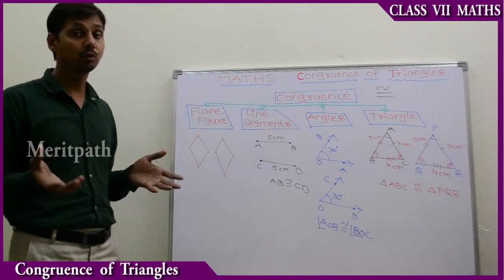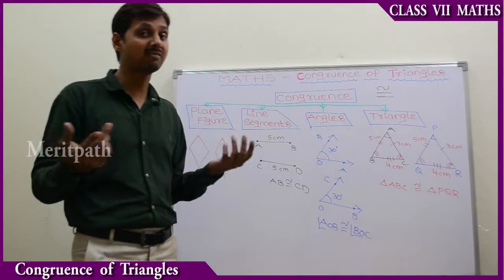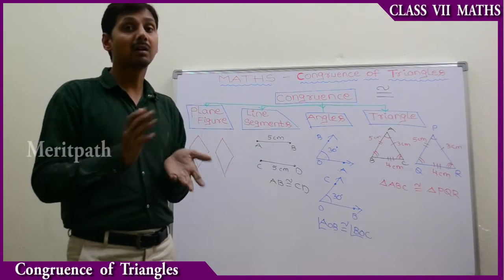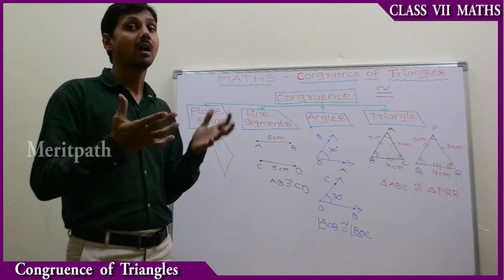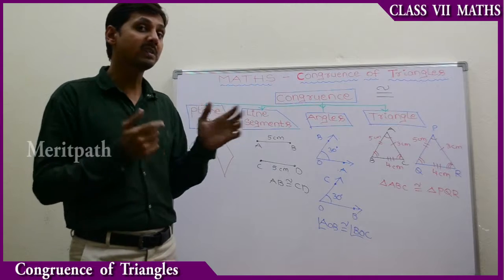Like if you take two pictures which are the same, we have taken two figures which are similar, the same size and same shape, and the pictures which are present on them also the same.